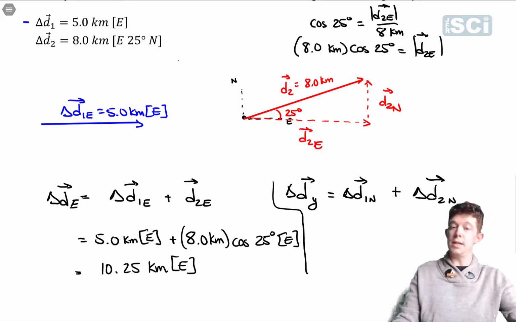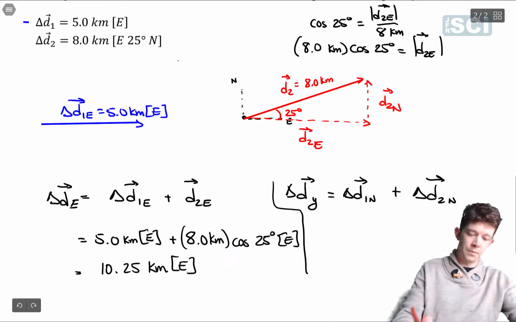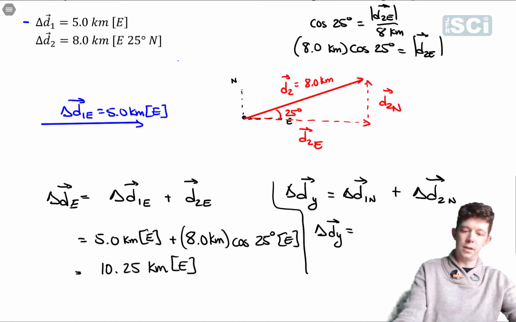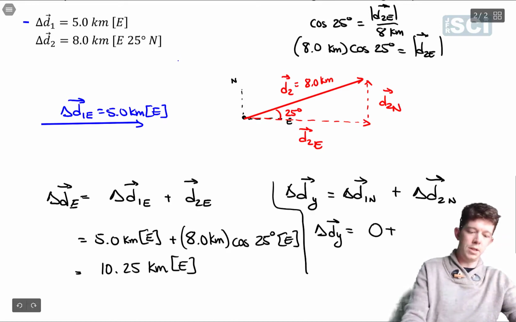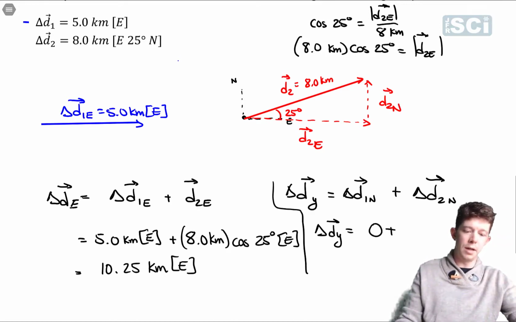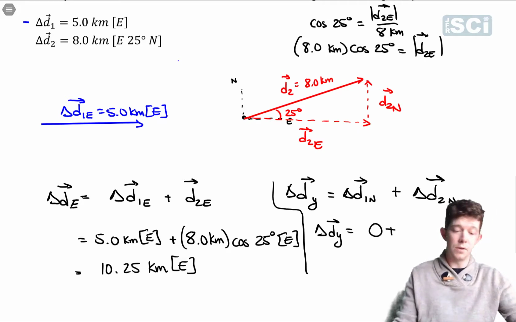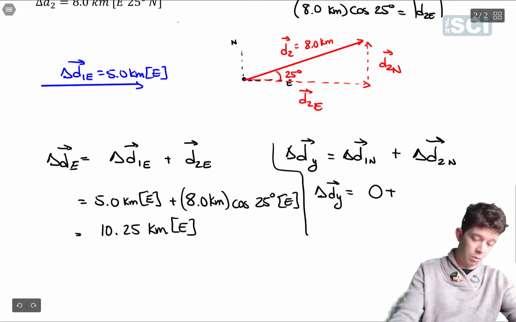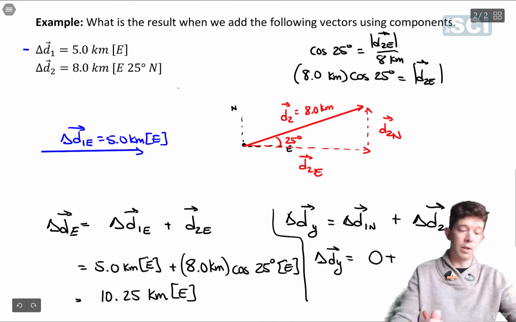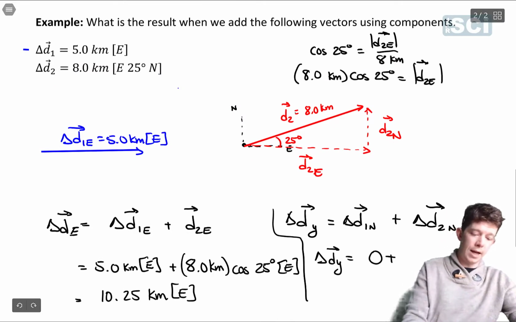And let's go ahead and deal with the y components. The y component is really easy because the first one here, delta dy, there is no y component for the first vector. It's 0. So I need to just add it to the y component of the red vector. So if I add it to the y component or the north component of the red vector, I can find out that it's 8.0 kilometers, and I'm going to use sine of 25.